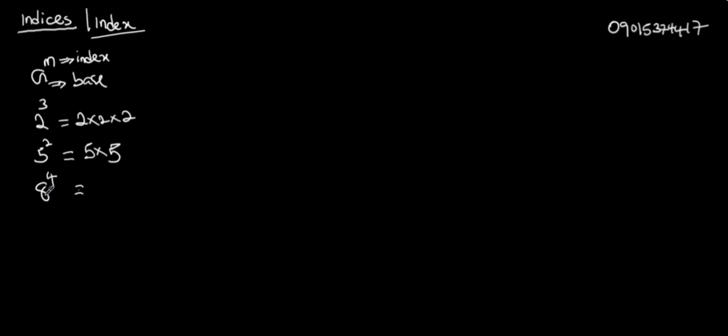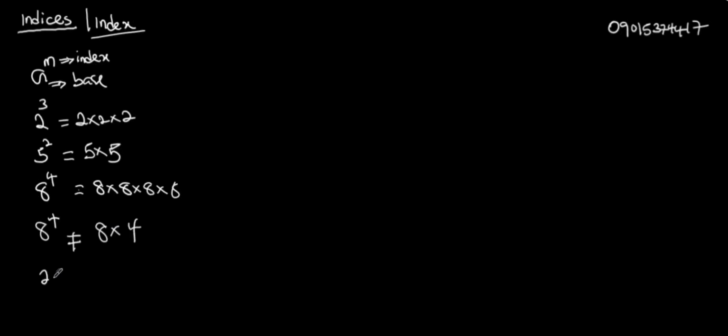So the index 4 is telling us how many times 8 will multiply itself, which means 8 will multiply itself 4 times. Now, take note, 8 raised to power 4 is not equal 8 times 4.